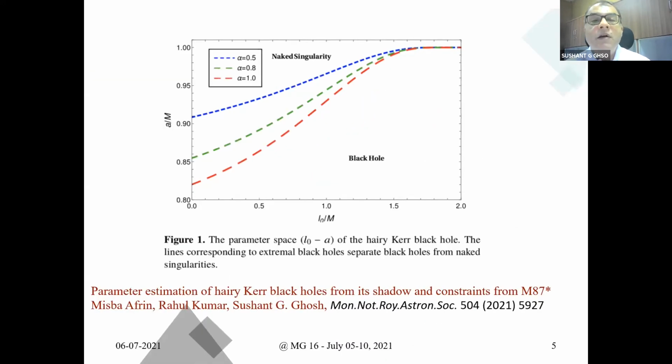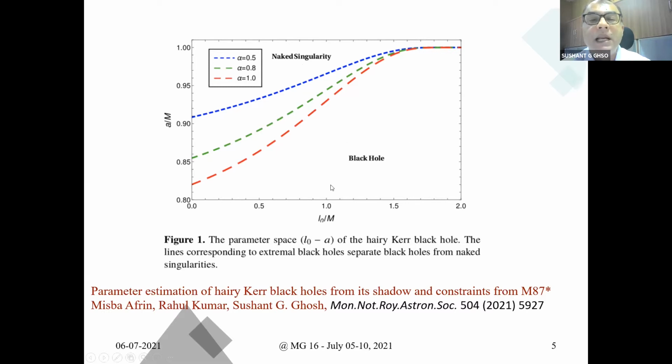Now, first thing is how the parameters are modified. There are two new parameters, alpha and L0. They can in fact be connected to each other, but I have plotted the space of a and L0, in which the upper side is no black hole solution, or a naked singularity, and the black hole solution is the lower side.